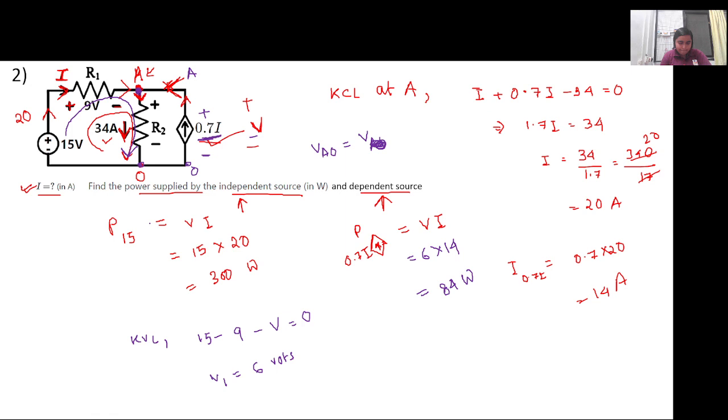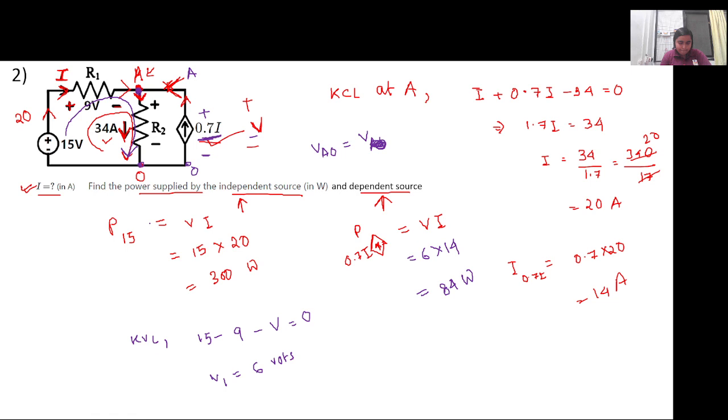Right now you don't have to do it. Later on you just check, since this is also delivering power and this is also delivering power, the entire power will get dissipated between R1 and R2. So the net power is I squared R. So if you do I squared, that is 20 squared into R1 plus 34 squared into R2, this will equate to the total power that is getting delivered, that is 84 plus 300.